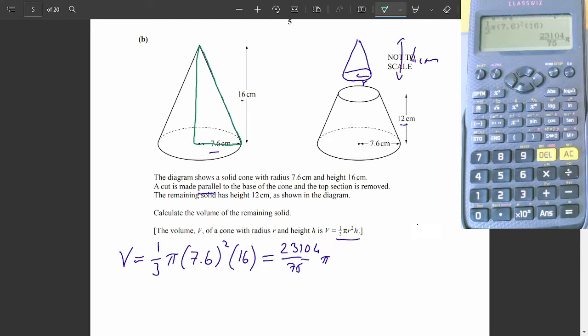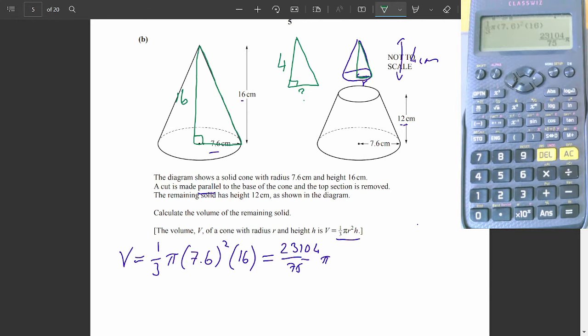On the left here, we got a triangle with a base of 7.6 and a height of 16. Over here, on the right, small cone, I'm just going to draw that triangle again. Okay, we got a similar triangle, which means it's the same, it's just smaller, with a height of 4. But what is the base? Or base rather is the radius.